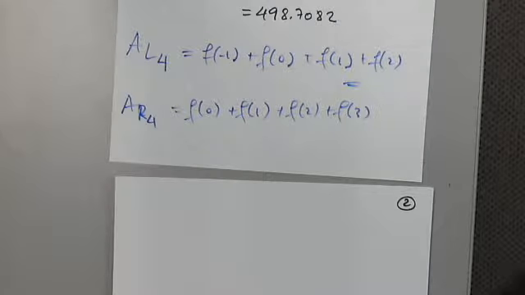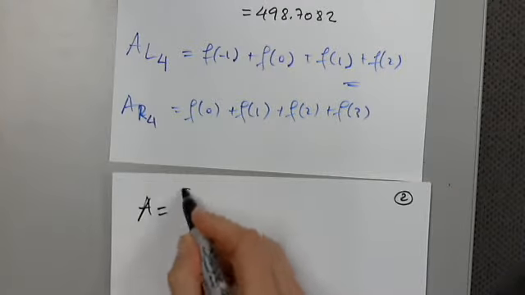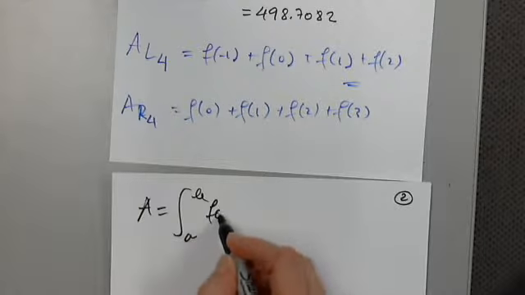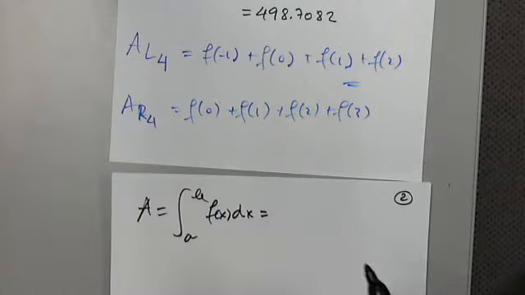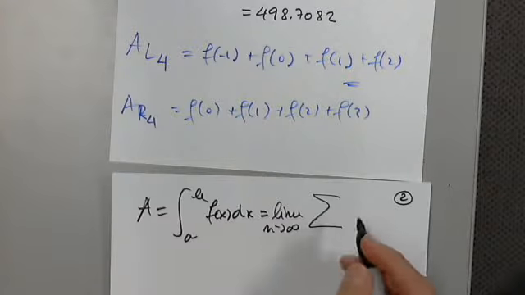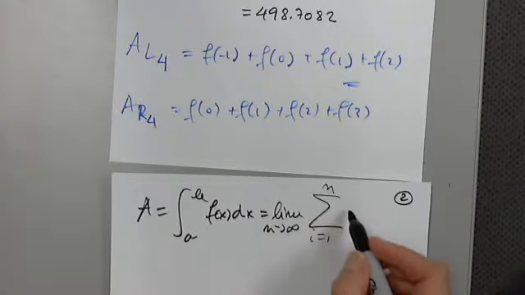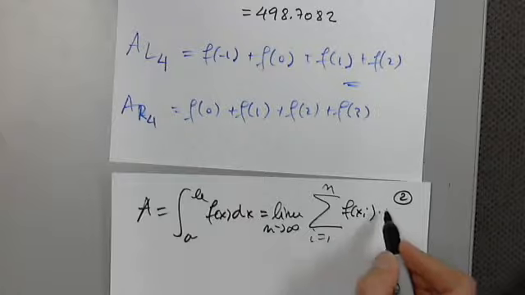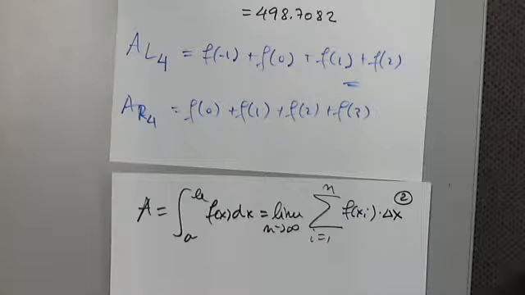So let me write that one more time: the integral from a to b of f of x dx, or the limit as n approaches infinity of the sum from i equals 1 through n of f of xi times delta x. They are the same indeed. The limit of the Riemann sum and the definite integral are the same.